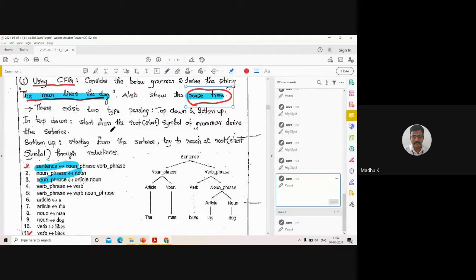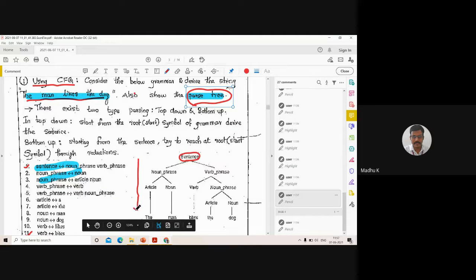There are two types of parsing, top-down and bottom-up. In top-down parsing, we start from the root symbol of the grammar and try to derive the sentence. Here, sentence is the root symbol. We replace it with some other production, and in that way we replace symbols until we derive the entire string.